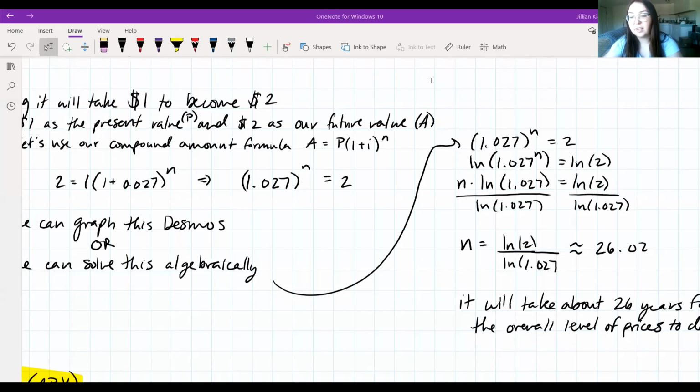We see our graph, and we just need to scoot all the way over, and we see that at 26.017 our prices will double. So we still get about 26 years. That's just a really quick and easy way to check if your answer is right, or to see if you can find the answer using Desmos.